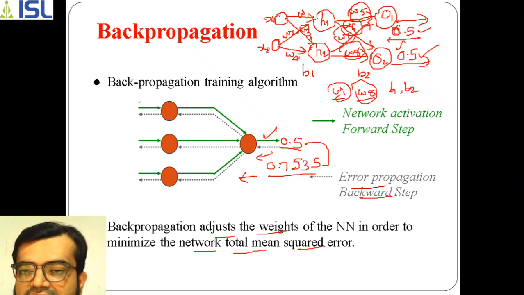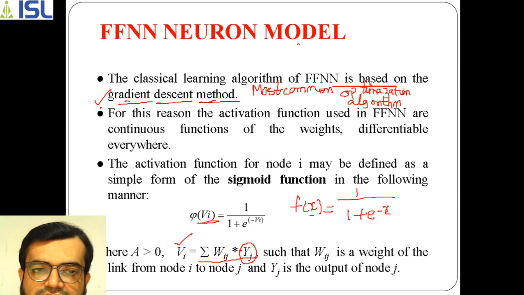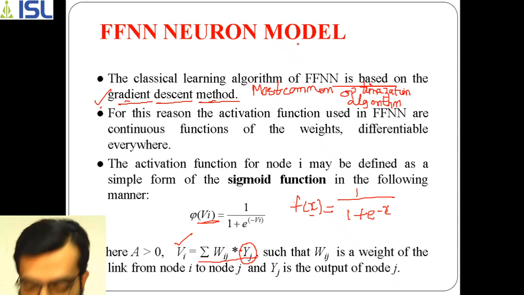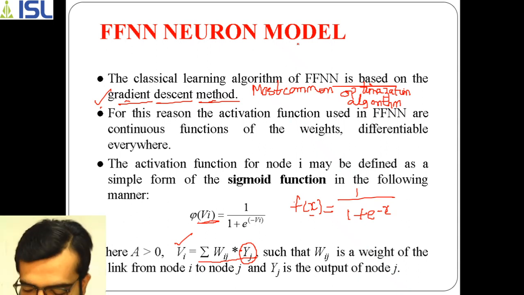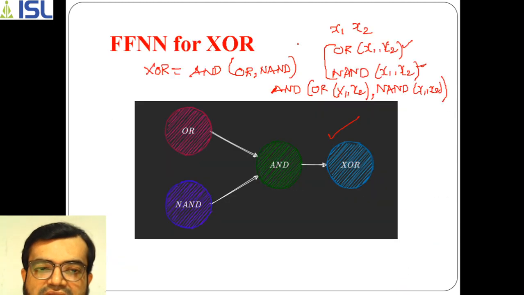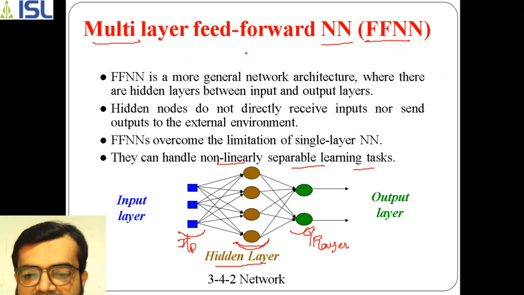If you are not getting it, there is a need to change the weights for the given inputs. In that sense the backpropagation algorithm works. This is the learning algorithm for multi-layer feed-forward neural networks, and in this way the learning process completes.